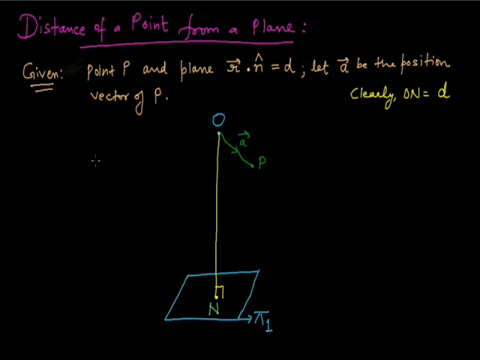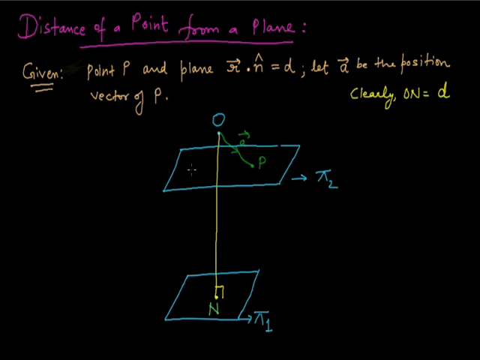Now, let's say a plane pi2. This plane pi2 is a plane which is parallel to the plane pi1 and it passes through the given point P. Pi1 is the plane whose equation is r vector dot n cap equals d, and pi2 is parallel to pi1 and passes through the point P. So P lies in the plane pi2.